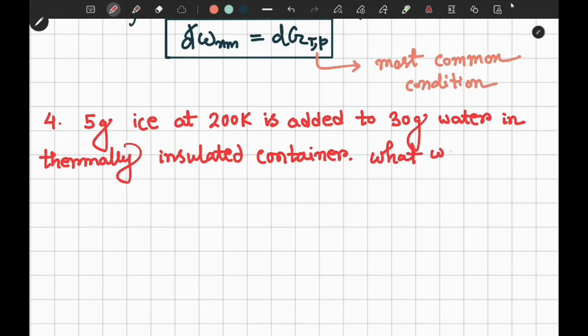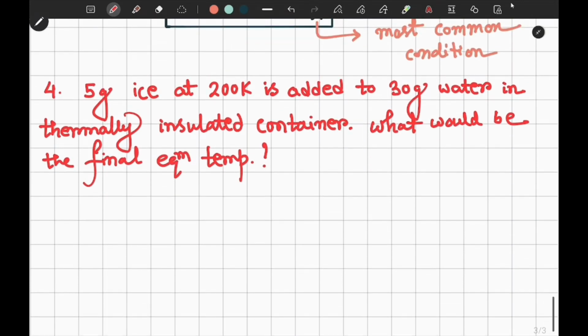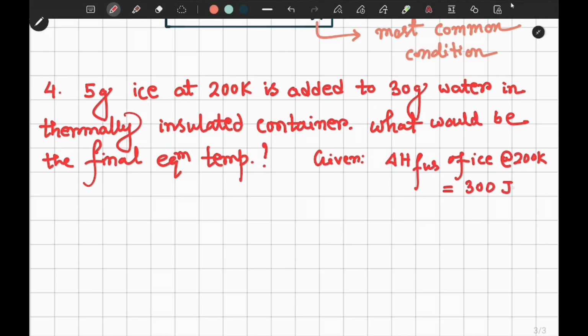What would be the final equilibrium temperature? What is given here? Given: del H fusion of ice at 200 Kelvin is equal to 300 joule per gram.